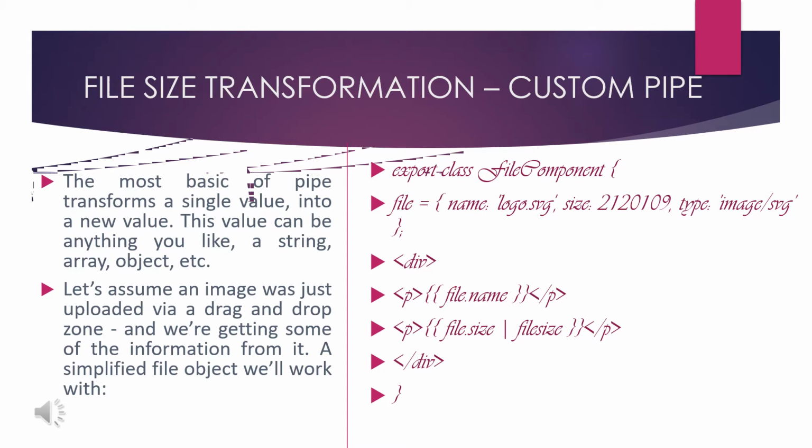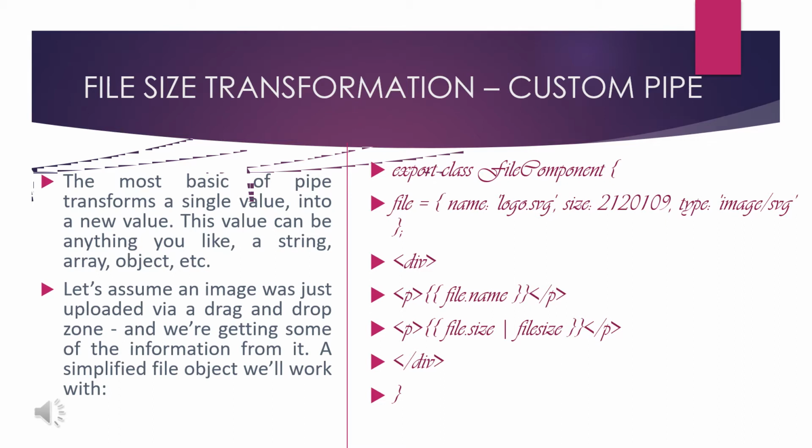So here I have given an example. I have a file with name logo.svg, size 2120109, and type image/svg. So inside the div tag I need two things: one is the file name and another one is the file size.